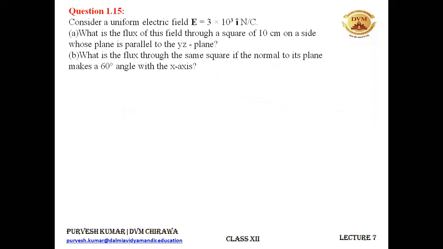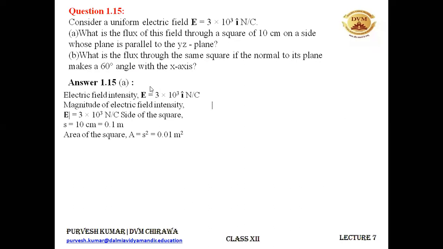I cap means that this field is acting along the x-axis. We need to find the flux of this field through a square of side 10 centimeter whose plane is parallel to the YZ plane. So we need to draw it out, otherwise we won't be able to solve it. So let's solve.